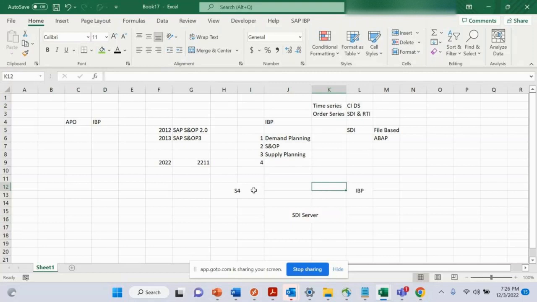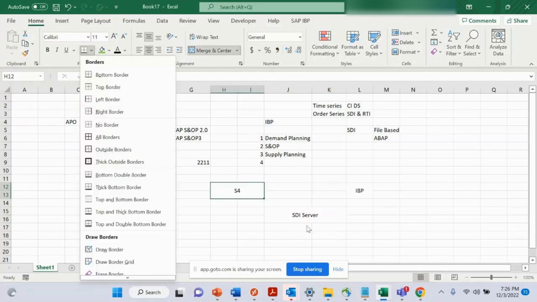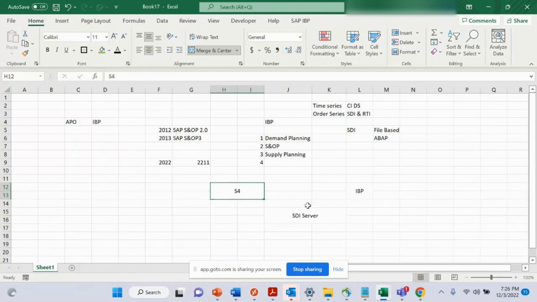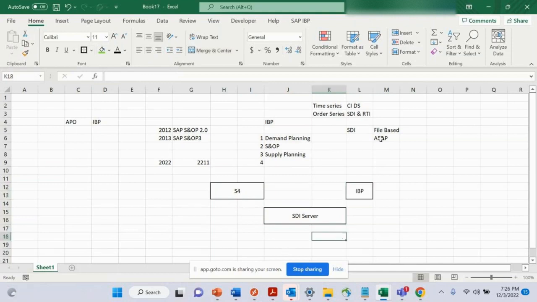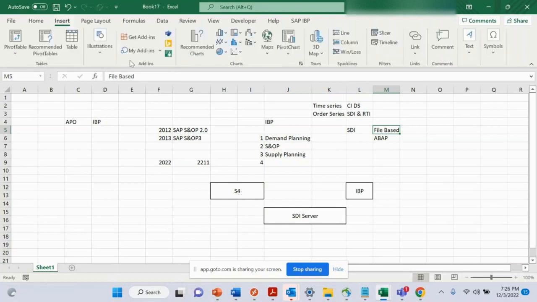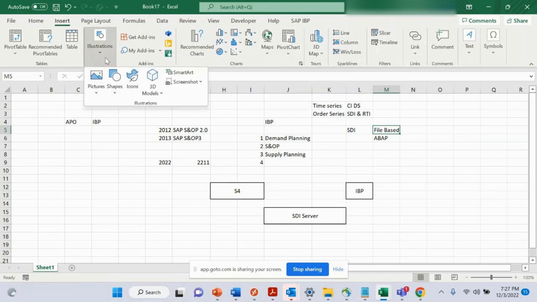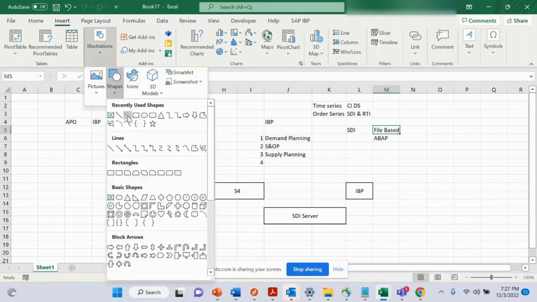So the process is, in the case of the file based adapter, we are fetching our required data files from S4 to that file based server, that is, to the SDI server.